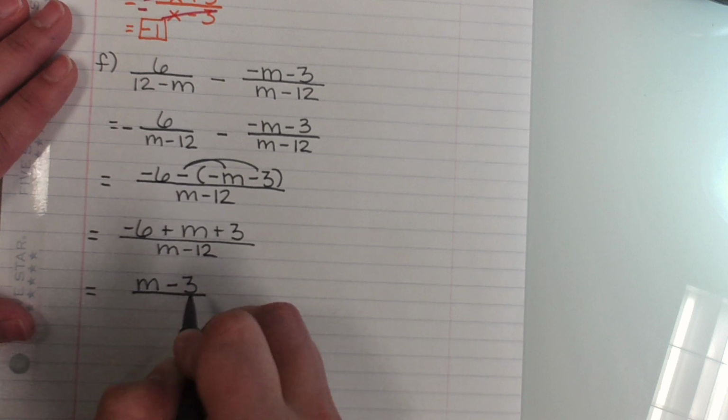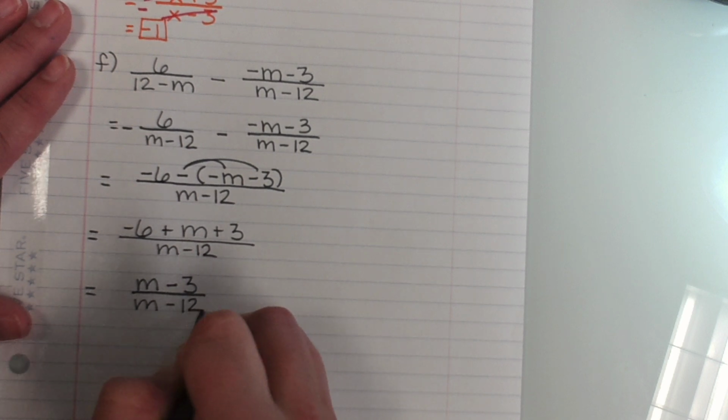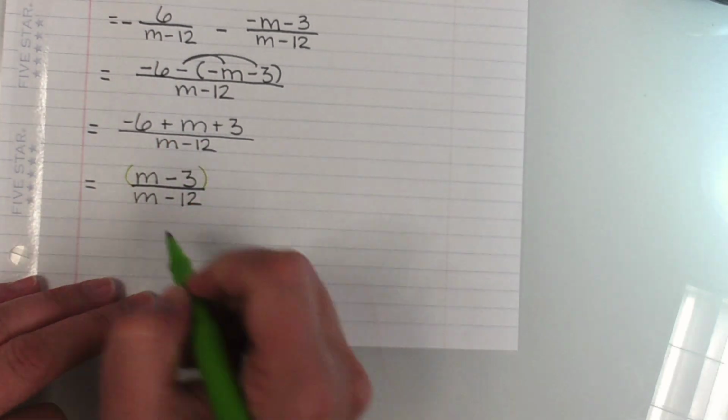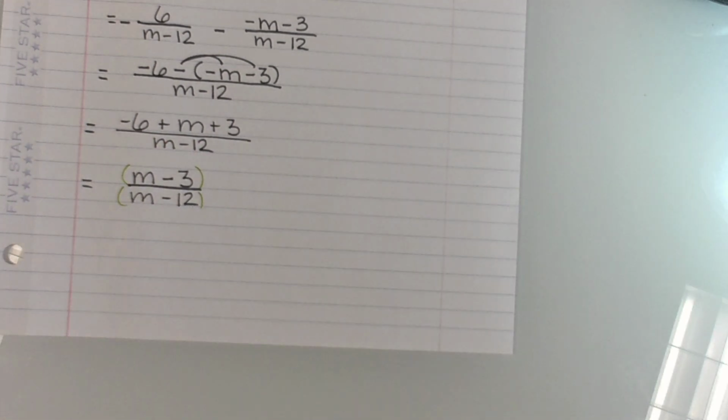So far, I'm just combining like terms because you all know how to do that. Can I simplify? To simplify, since they have pluses and minuses, I would need it factored. M minus 3 does not factor, so technically it goes in parentheses. Neither does m minus 12, and I can't touch parentheses unless they match perfectly with the other ones.